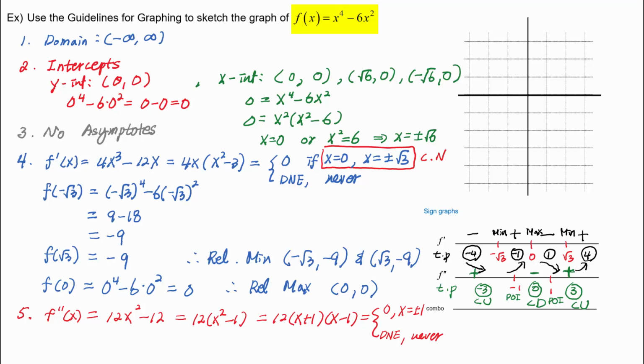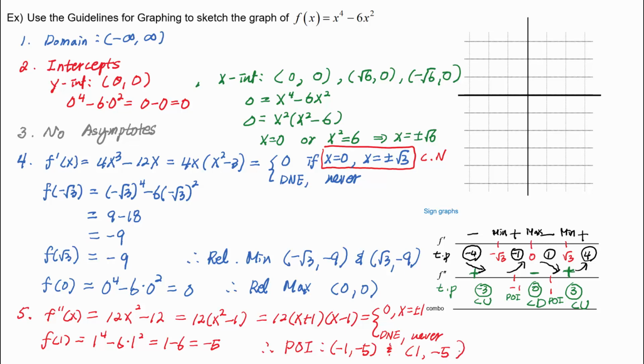F of 1 is equal to 1 to the fourth power minus 6 times 1 squared, which is 1 minus 6, and it is -5. Therefore, my points of inflection are (-1, -5) and (1, -5). Let's put all this information together to graph our function.